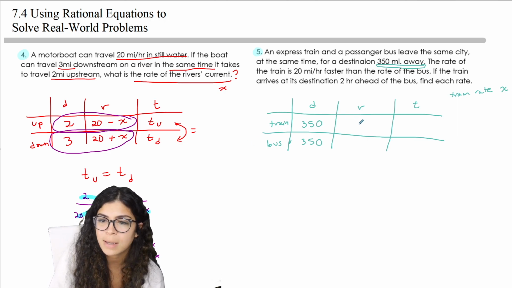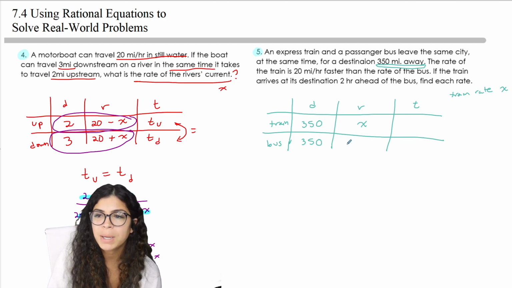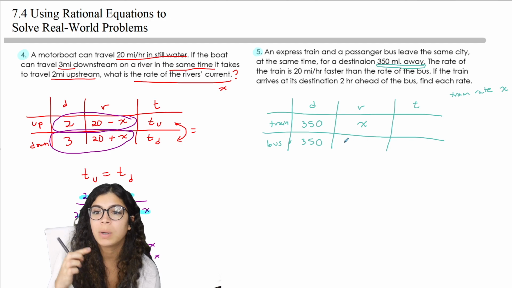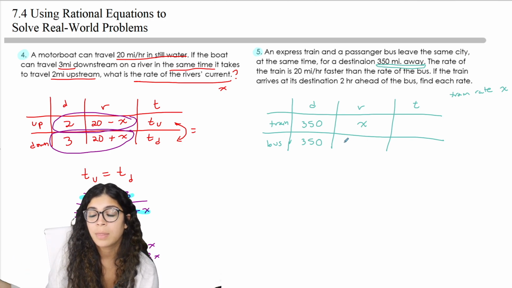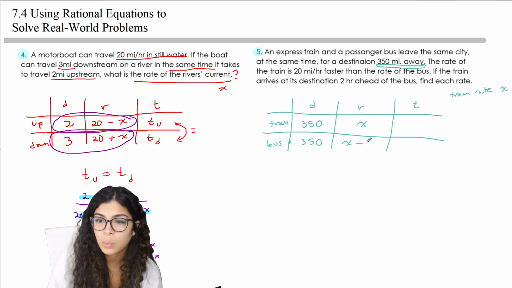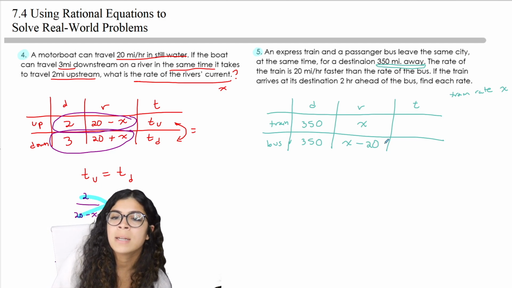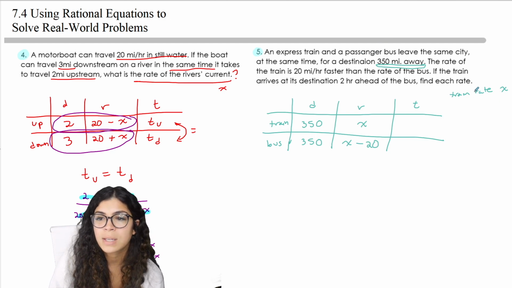So the rate of the train is x. And then the bus rate would be the rate of the train minus 20, because the bus is slower, right? And then it says that the train arrives at the destination 2 hours ahead of the bus.